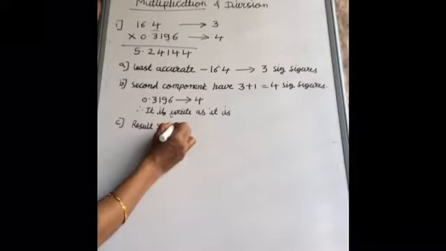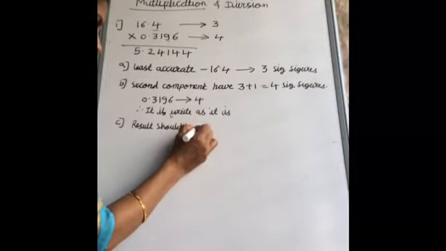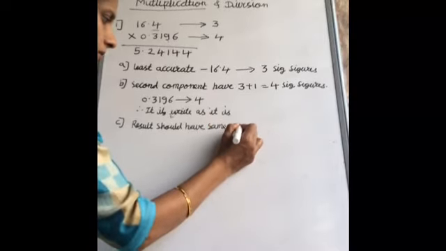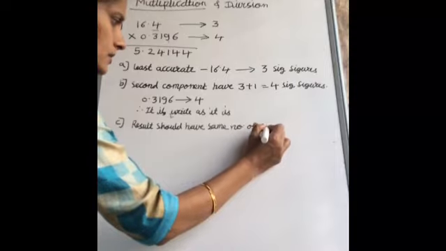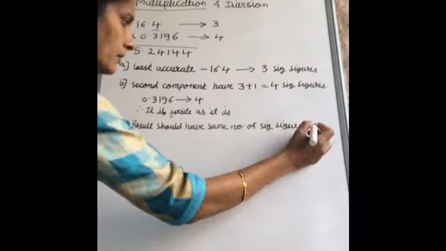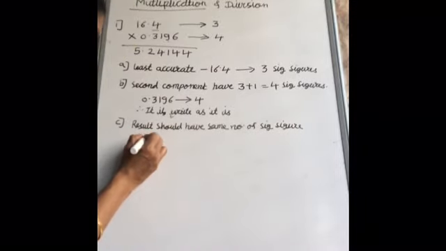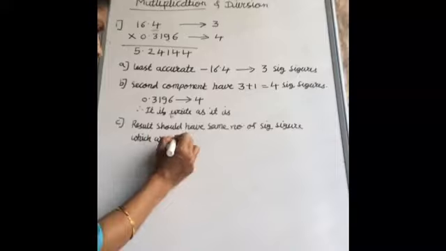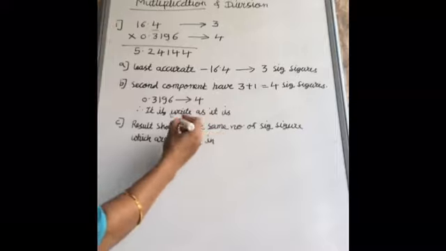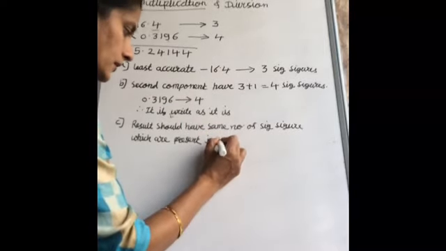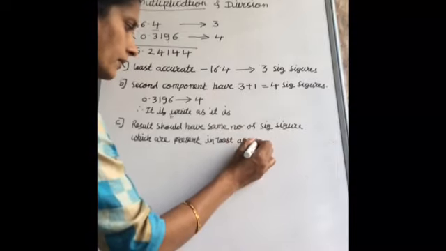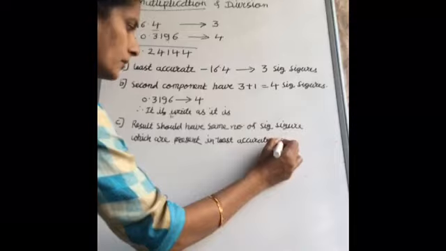The third condition is that your result should have the same number of significant figures as are present in the least accurate number.